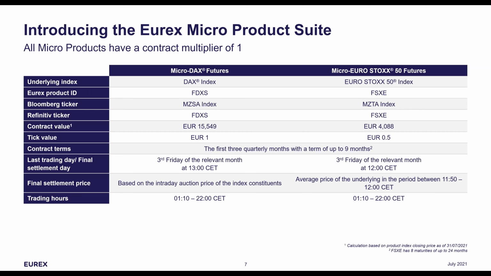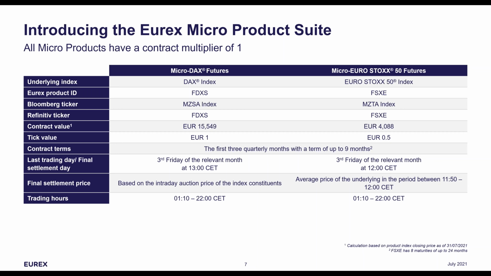The Euro STOXX 50 is about 4,100 points. Also here we had the existing Euro STOXX future with a value of 10 euros per point, so we started with a value of 41,000 euros per future, and also here a subsequent margin requirement.